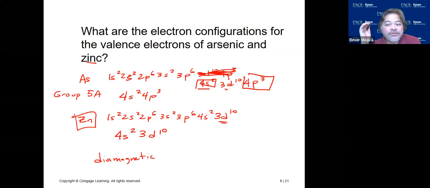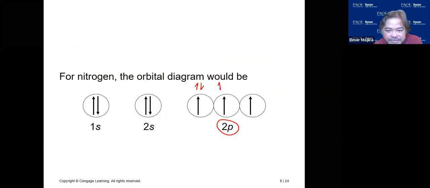So that's how you distinguish whether you have a paramagnetic or a diamagnetic element. You just look for the presence of unpaired electrons.